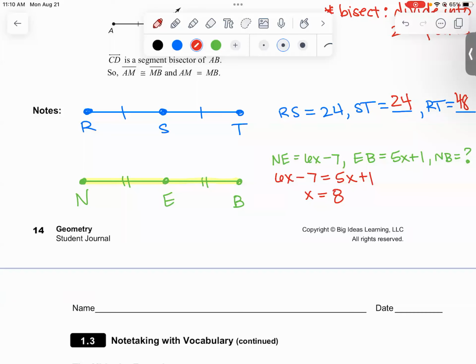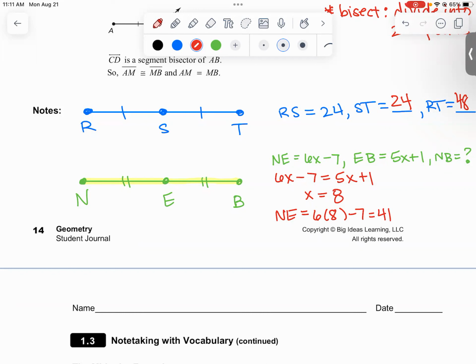Plug it back in. All right, so we know that NE is 6x minus 7. What does that make NE? 6 times 8 minus 7. 41. Okay.